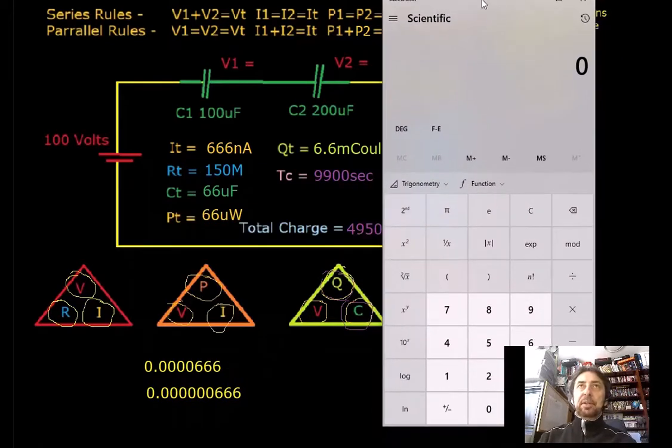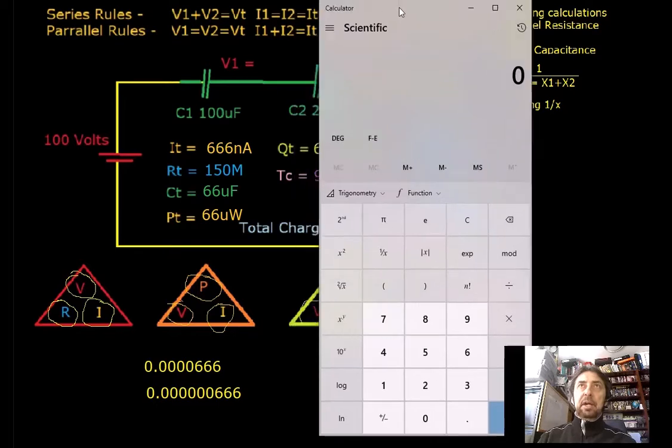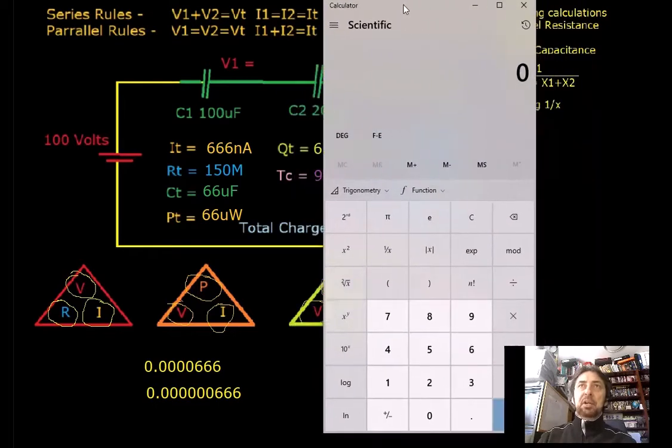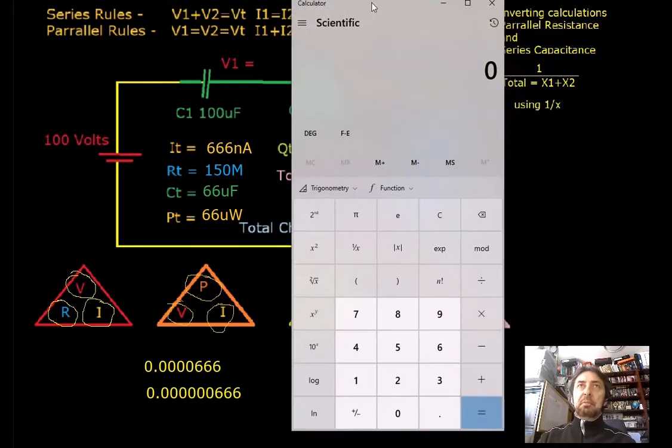We can see there it's 100 microfarads, and the total amount of coulombs is over here, 6.6 millicoulombs. So 6.6 millicoulombs divided by 66 microfarads.